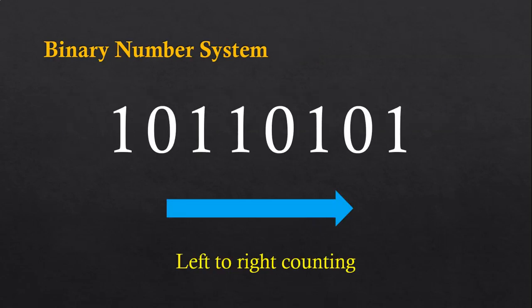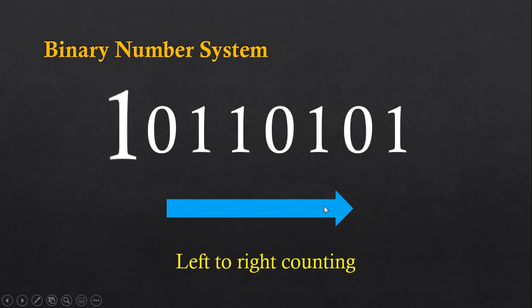Suppose we take this binary number 10110101. In that case, we know this bit is known as MSB and this bit is called LSB. And if we want to show the identity of these other bits excluding MSB and LSB, then we can identify the position of a bit from left to right, counting like this.